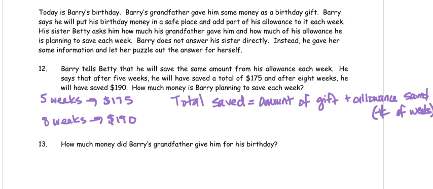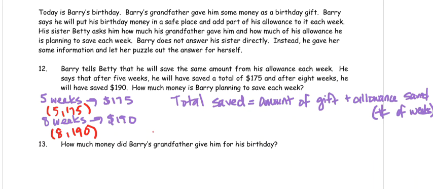So total saved, this is 175, this is 190. And another variable, amount of gift, we don't know what the amount of gift is, but that is our y-intercept, because this is the rate of change. The rate of change is the allowance saved. The number of weeks is going to be your x, and the total saved is your y. So these are giving you 2 points: 5, 175, and 8, 190. I don't know if that helps.